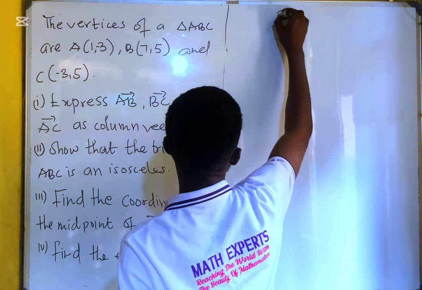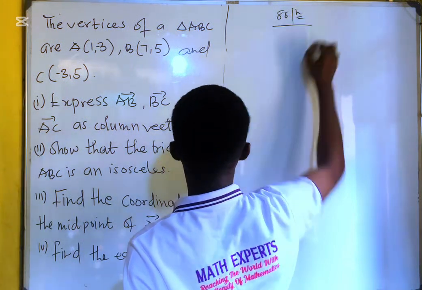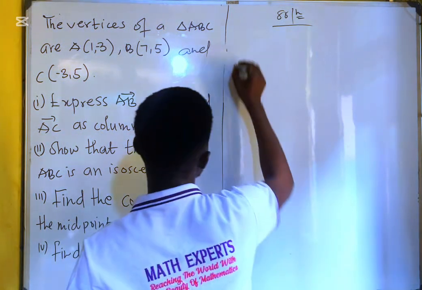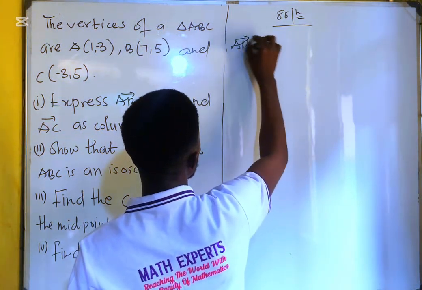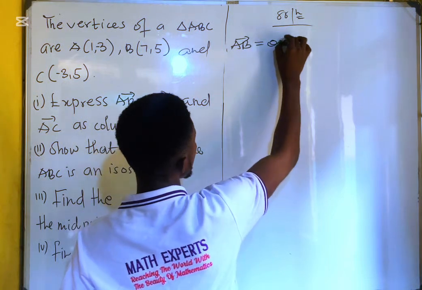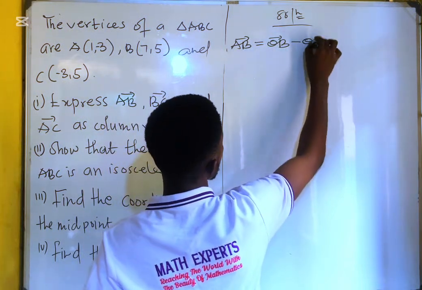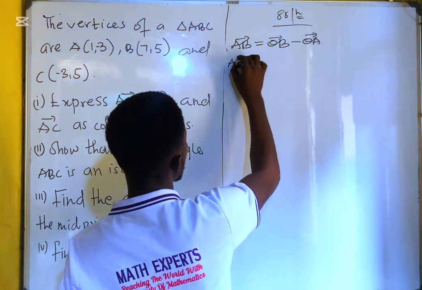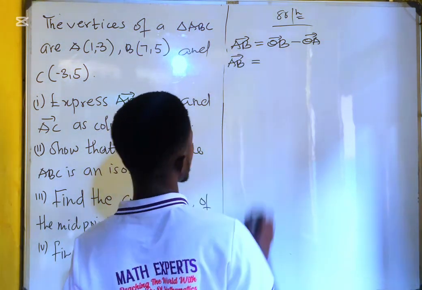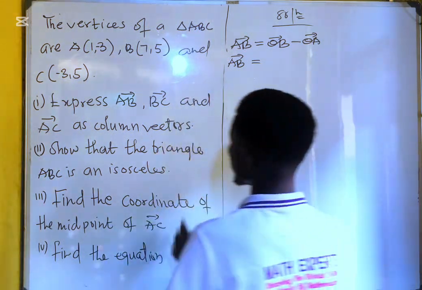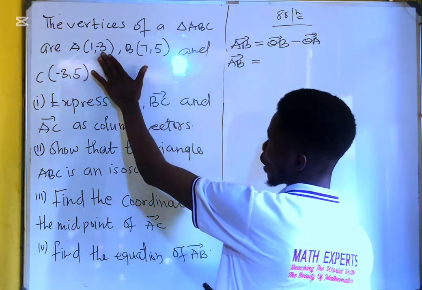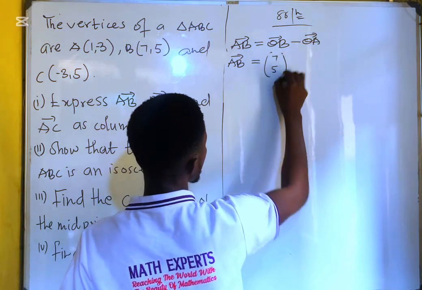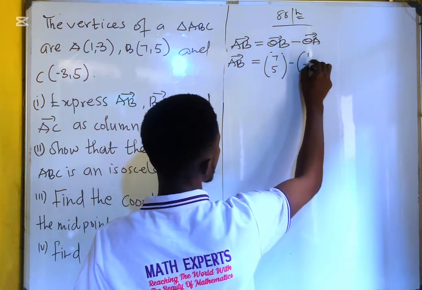Good. So solution. So first one, AB. AB will be OB minus OA. Okay. So AB equals, now B, where's our B? This is our B, (7, 5). A is (1, -3). So (7, 5) minus (1, -3).